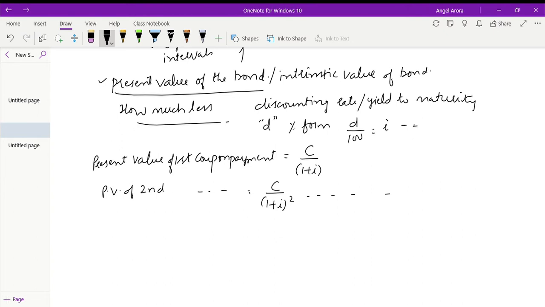And at the maturity date, he will get face value of the bond. I am assuming that he will get face value at par at the maturity date. So present value of the maturity amount will be face value F upon (1 plus I) raised to n.